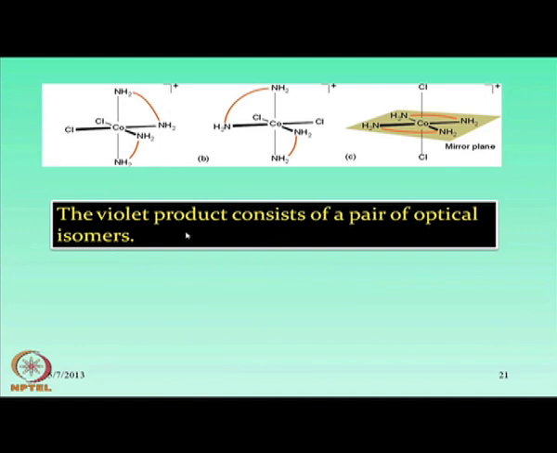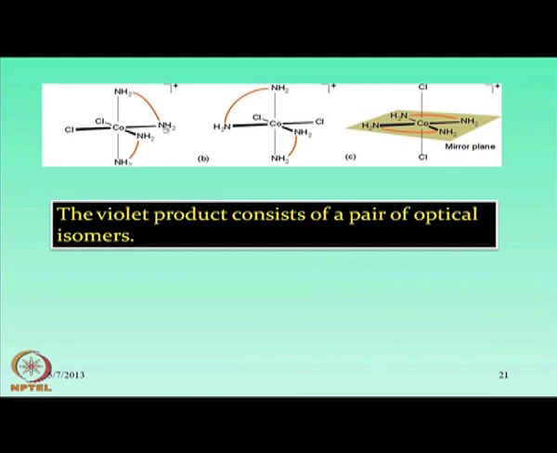The violet product therefore, the cis product, consists of a pair of optical isomers, and these are the two pairs.